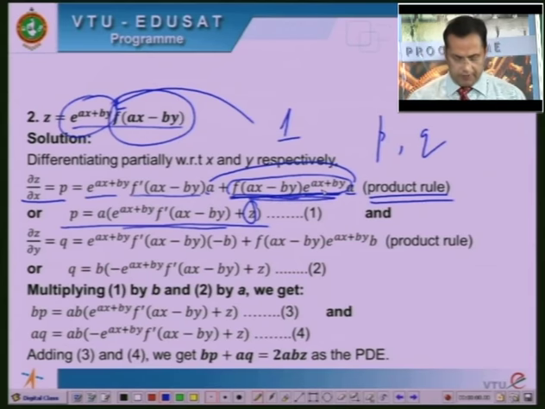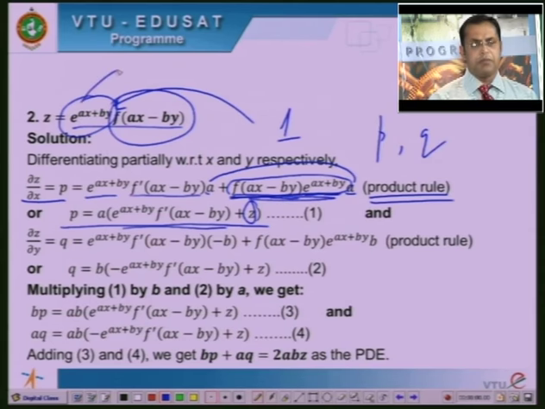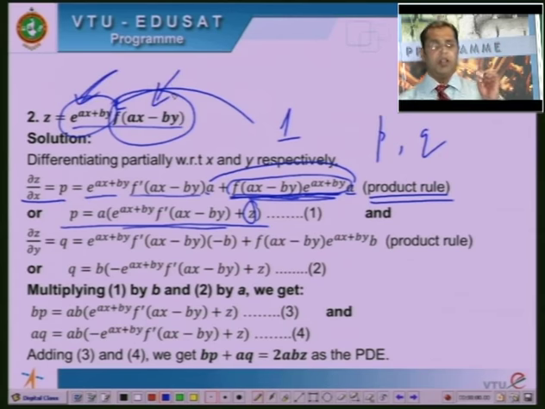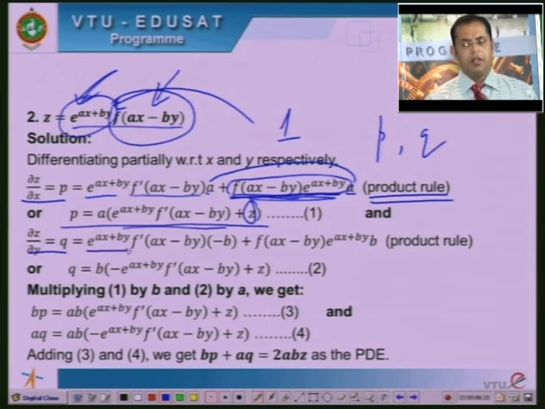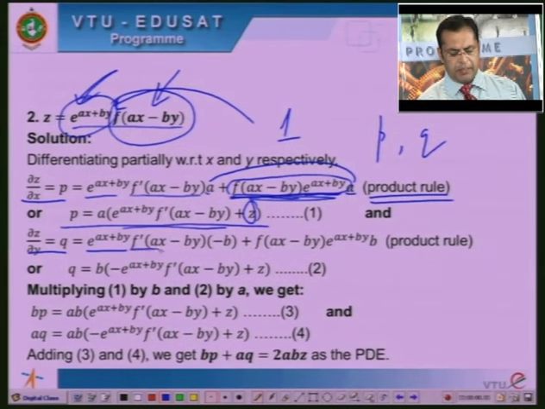Call that equation 1. Now, differentiate partially with respect to y. Again, observe that e power ax plus by as well as f of ax minus by contain the variable y also. So, you need to apply the product rule. When you apply product rule, dou z by dou y equal to q: first function e power ax plus by into f dash ax minus by into the derivative of ax minus by with respect to y, which is minus b.